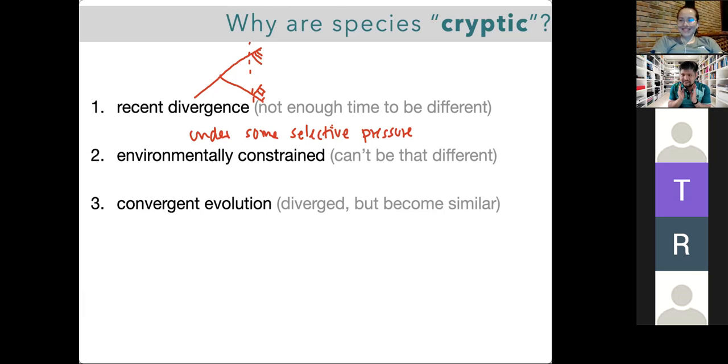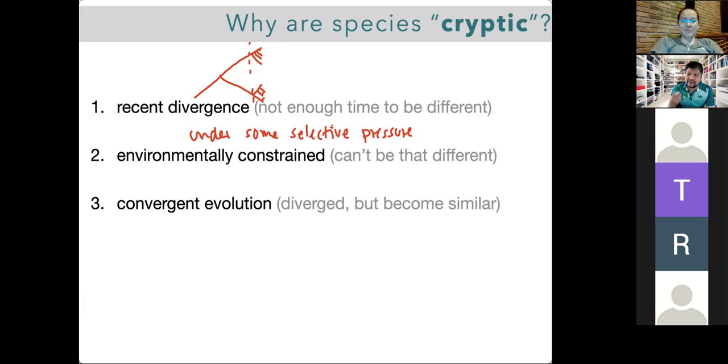So maybe the environment kind of forced them to be that way, and that character is not that different. They sort of think, I want to be different from this guy, but I just can't, we all need to breathe. As a fish, I would love to have some new breathing apparatus, but it's apparently not invented yet. So I stick with the gills. As much as I hate to use the same gill as that guy, who is now a different species from me, I can. So that's one way.